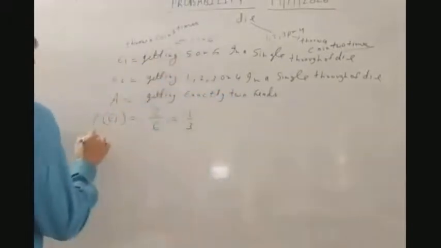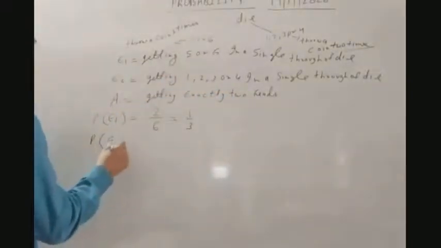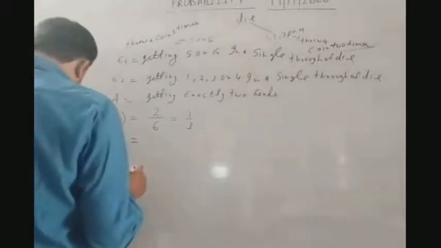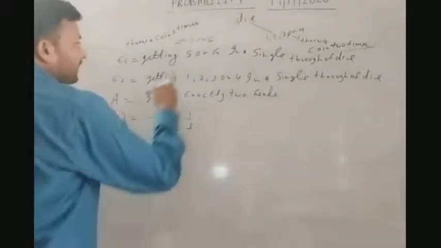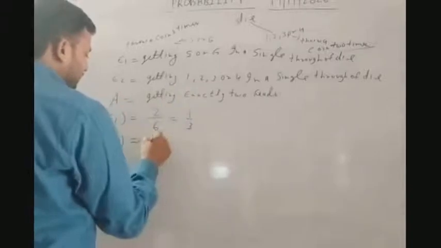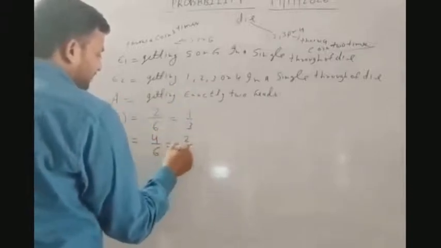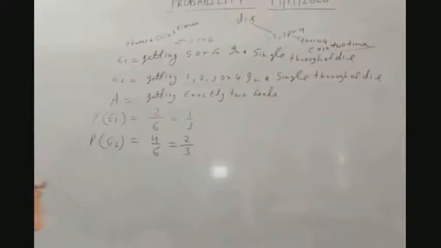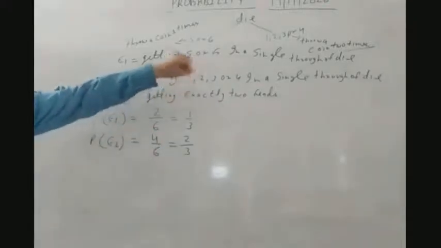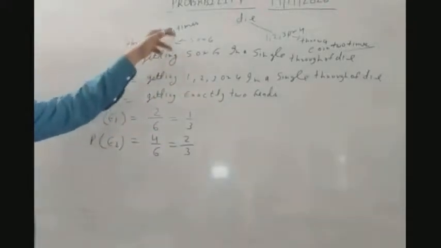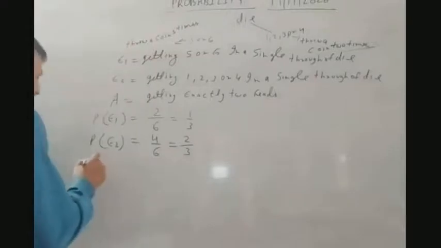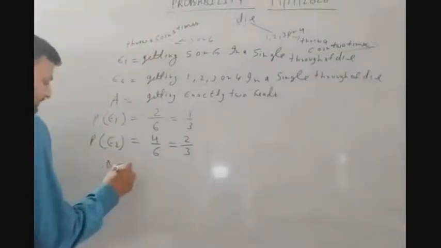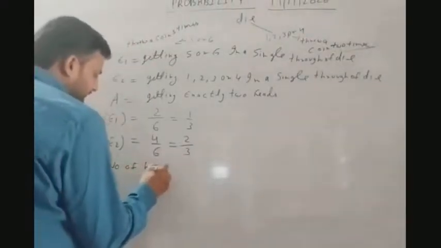Let's see here. Probability of E2 is what? There are 4, so 4 by 6. This is 2 by 3. Okay. Now it is given that if it is coming 5 or 6, then we are throwing a coin 3 times.